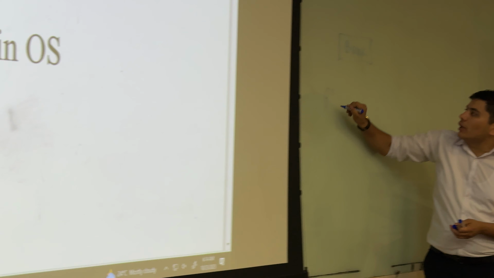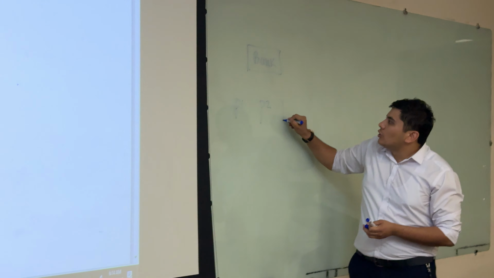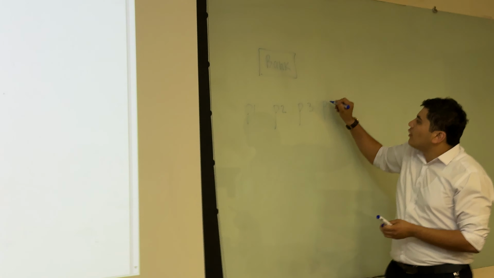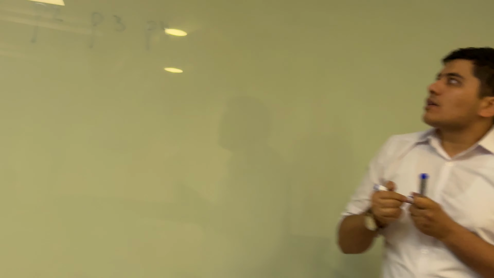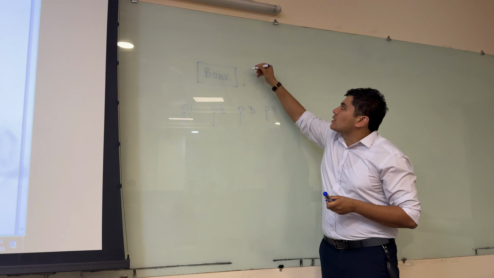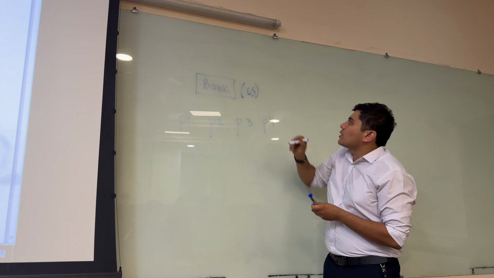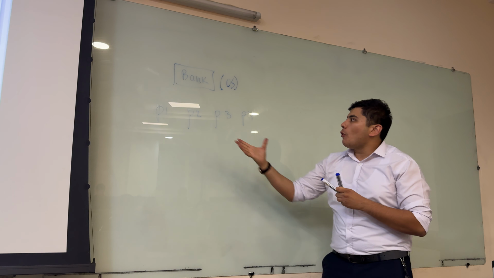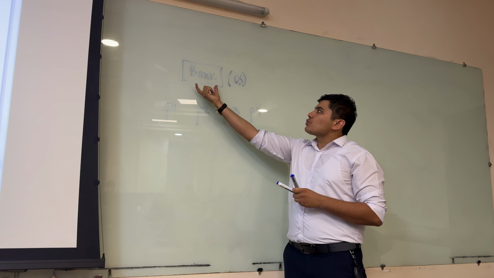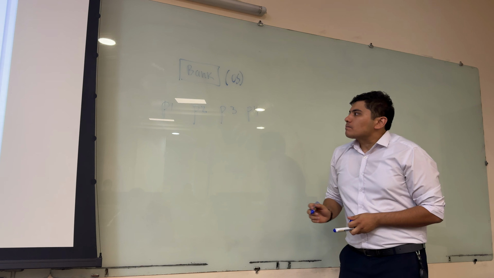You have person number 1, person number 2, person number 3, and person number 4, right? Overall, just imagine the bank as your operating system.